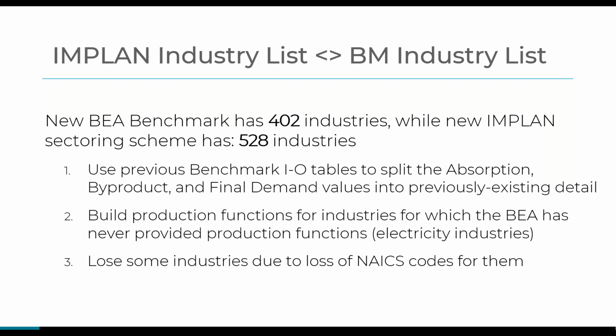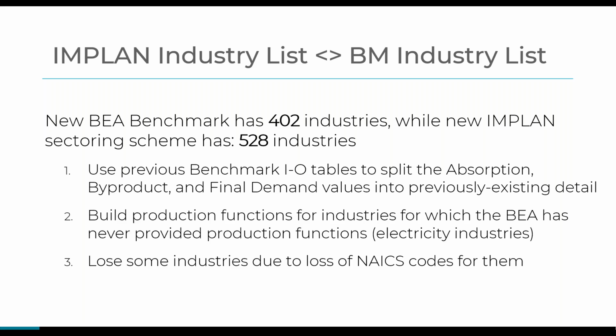Most of you are probably familiar with NAICS codes, but NAICS stands for North American Industry Classification System. It's a way to classify establishments. I was talking earlier that each establishment has its own NAICS code. Well, that's what that means. And when a new NAICS code scheme comes out, there may not be a NAICS code anymore for an industry that the latest BEA benchmark has.